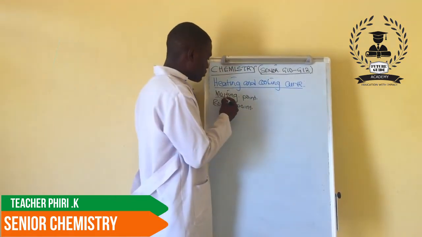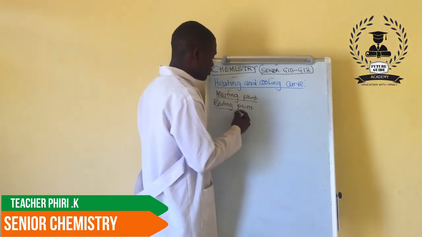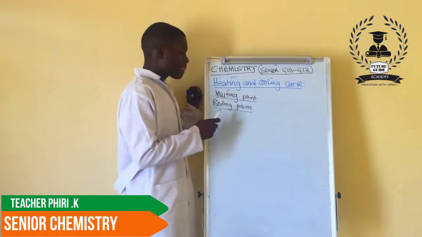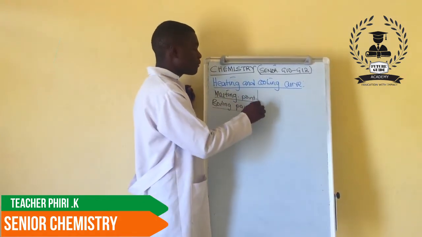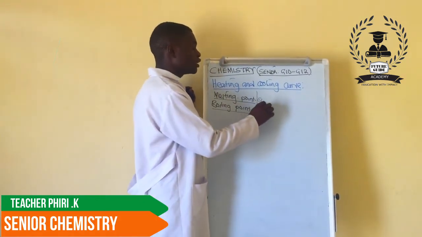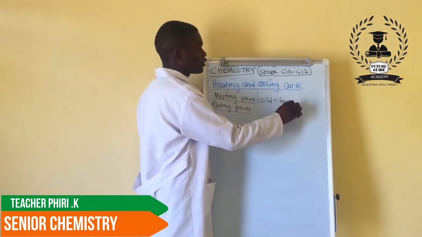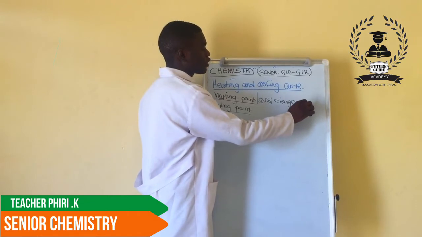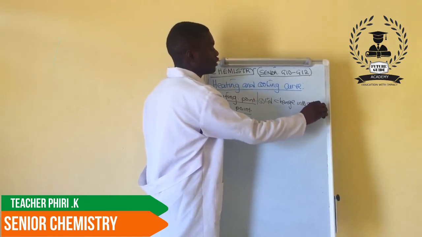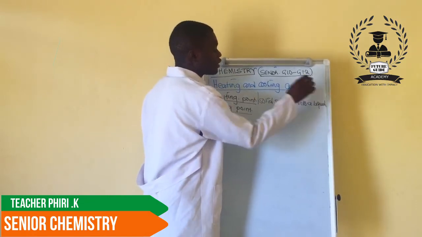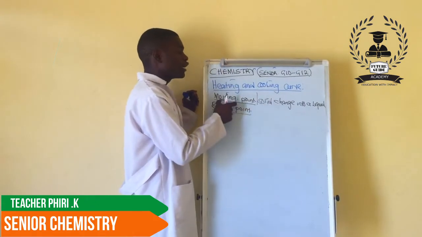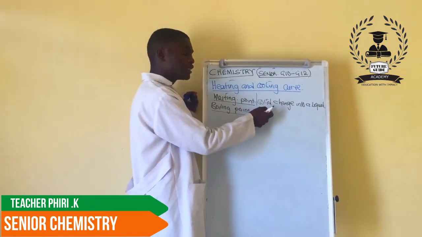Now, what is a melting point as well as what is a boiling point? A melting point, this is a point whereby a solid changes into a liquid. Meaning that when that point is reached, a solid now becomes what?